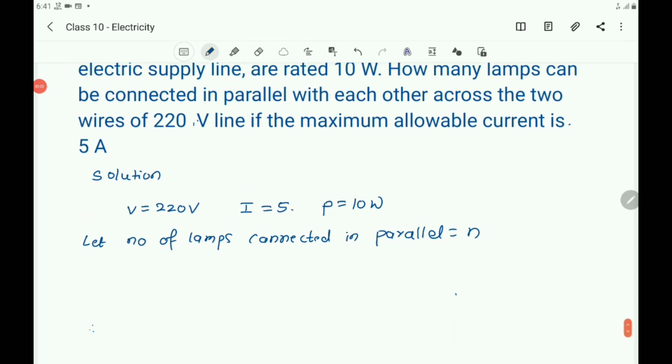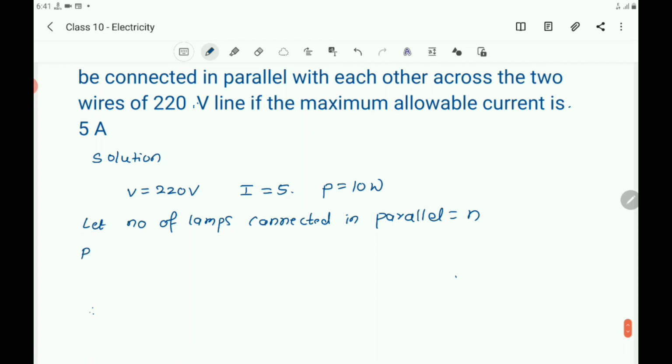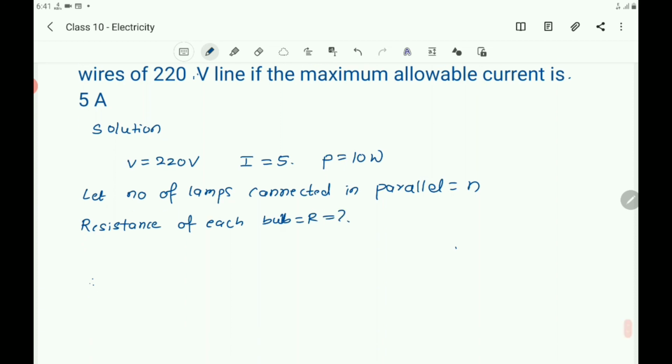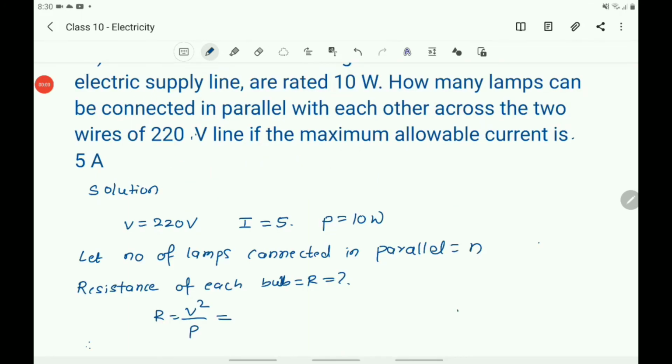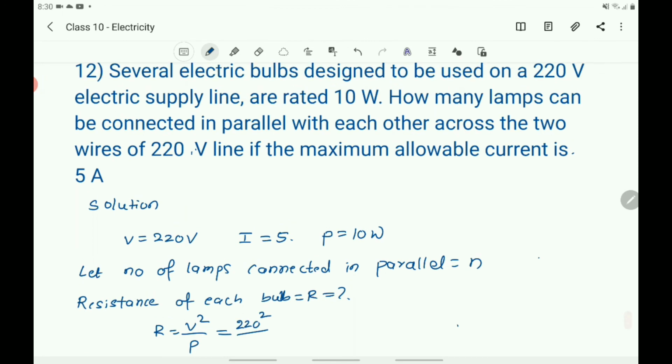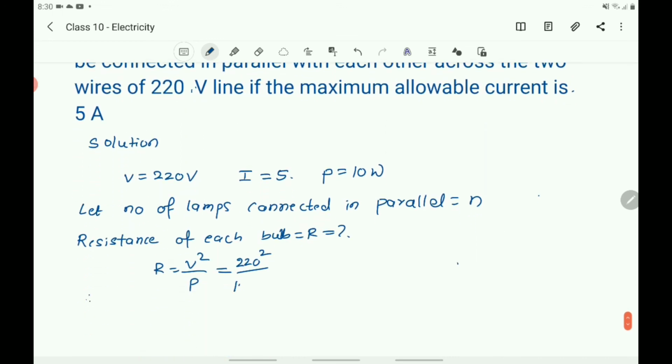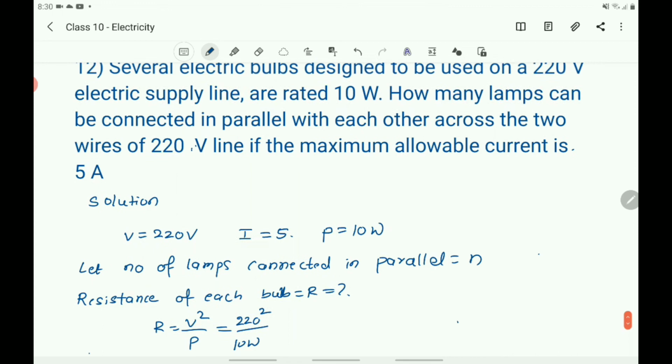Now let us find the resistance of each bulb. R equals, we have to find. So you know the relation R equals V square by P. That is V is 220, so it is 220 square by P. P is 10 watt, the power of each electric bulb.